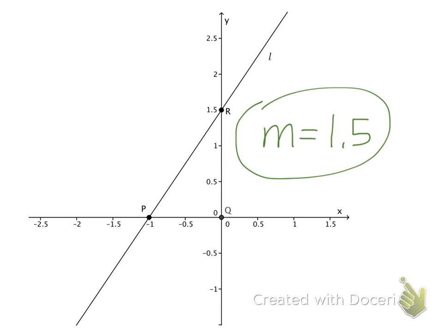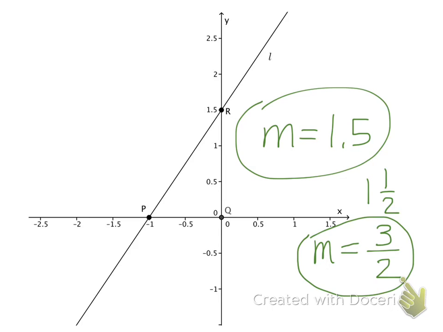And so 1.5 would be the same as 1 1/2, and written as an improper fraction, which is how we want to express slope, we would have 3/2. So a more standard way to write the value for this slope would be m equals 3/2.